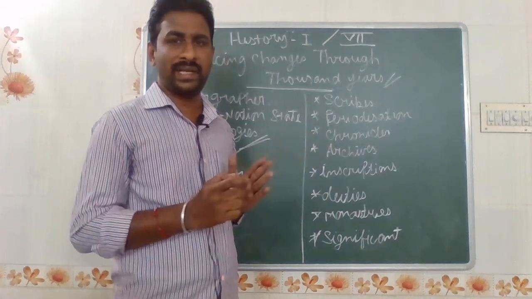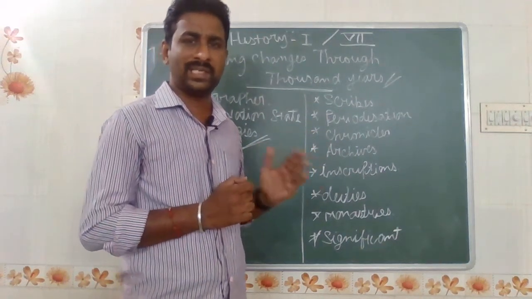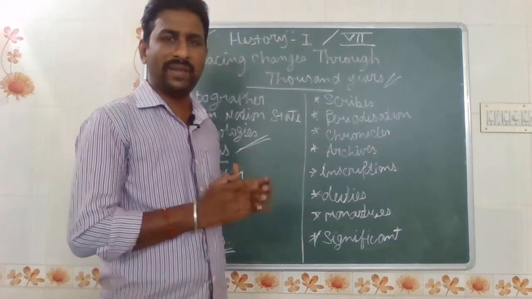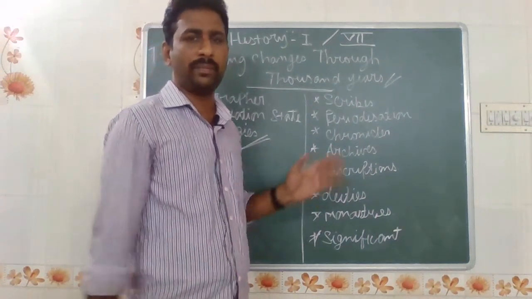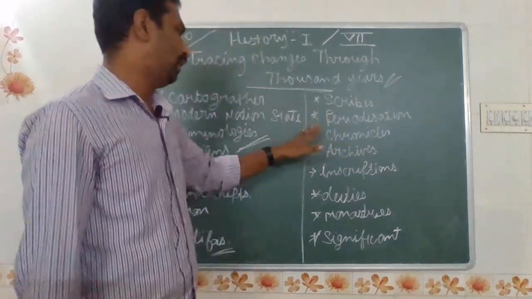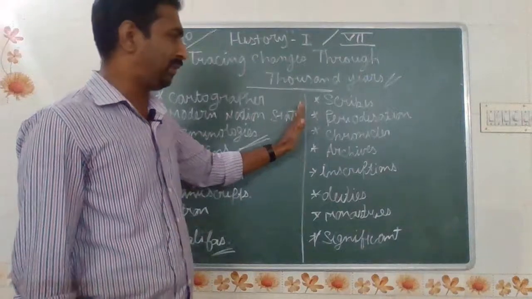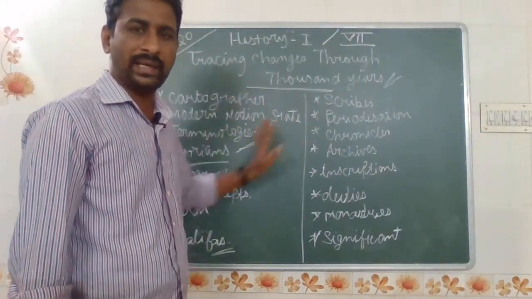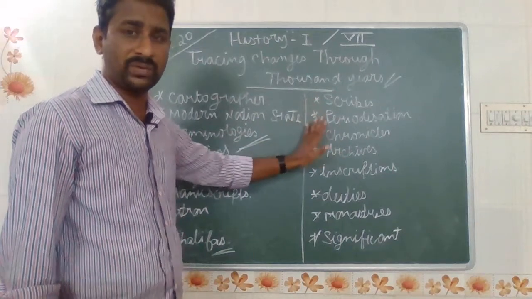A decade is 10 years. So dividing a particular span is called periodization, and it deals with time. I hope you understand the word periodization. It is very important because this entire lesson deals with periodization of 1000 years.